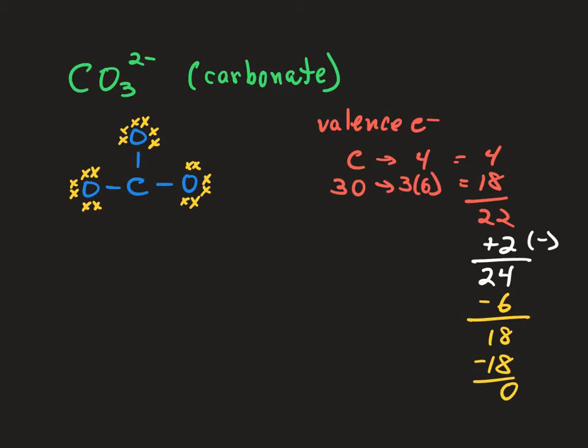And so, to at least get rid of the formal charge on the carbon, we can bring in a pair of electrons from one of the oxygens. And so we can end up with a double bond to that oxygen. Still a single bond and unshared pairs there.